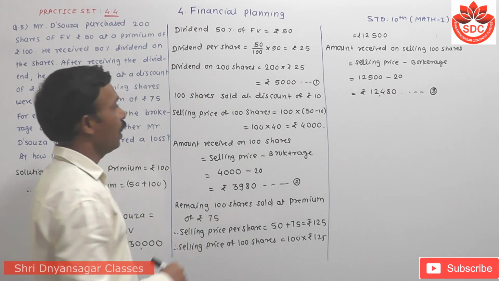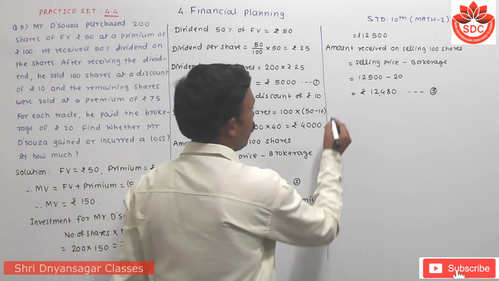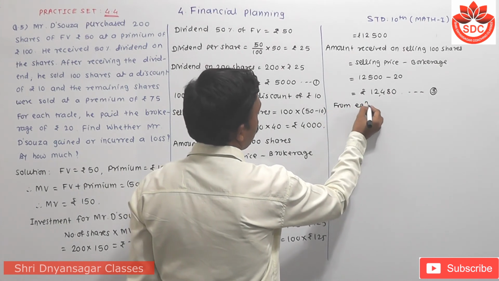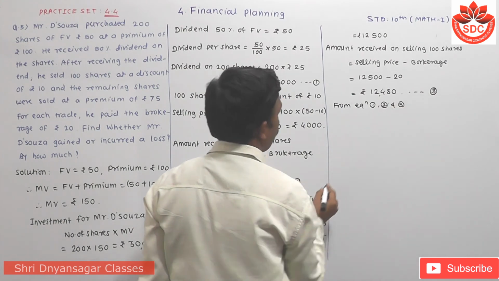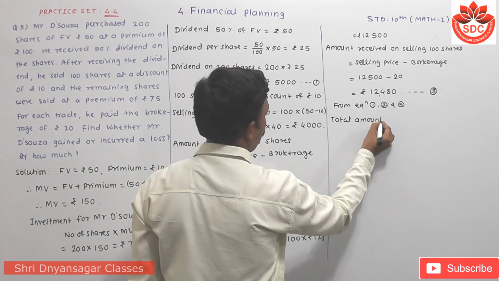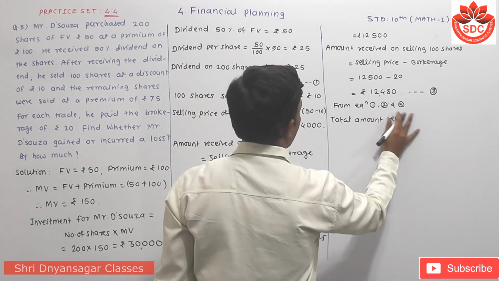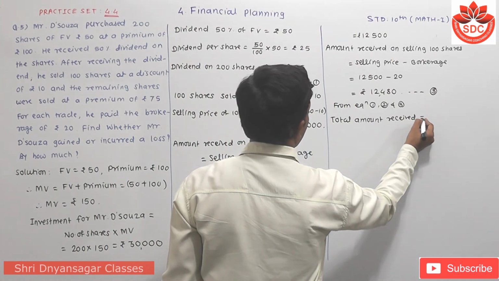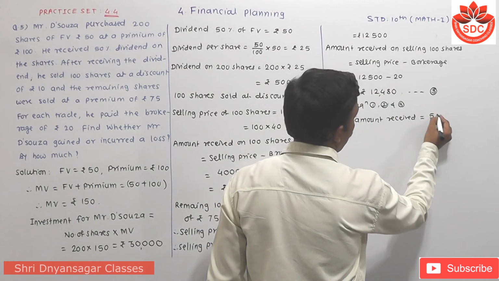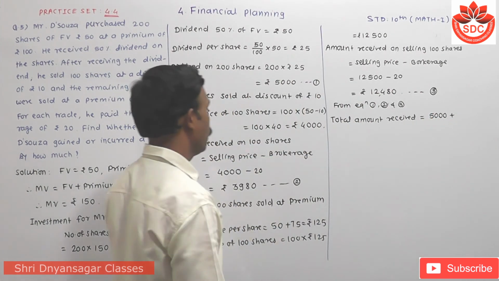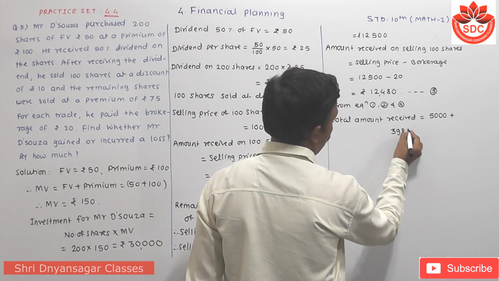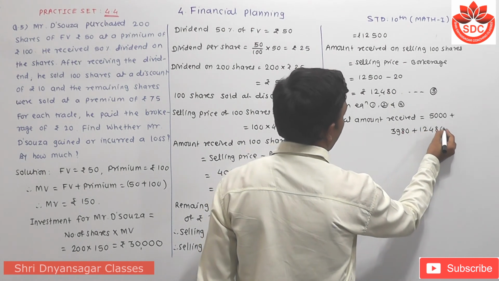Then student, the total amount received is from first, second and third equations. The total amount received is equal to adding all these: rupees 5,000 plus rupees 3,980 plus 12,480.